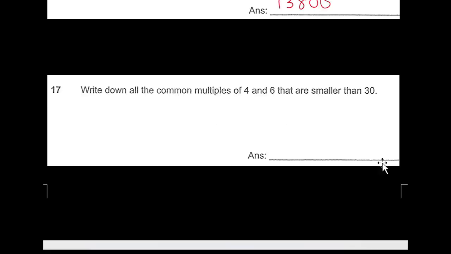Question 17. Write down the common multiples of 4 and 6 that are smaller than 30. So you do 4 times 2 is 8, times 3 is 12, times 4 is 16, times 5 is 20, times 6 is 24, times 7 is 28.